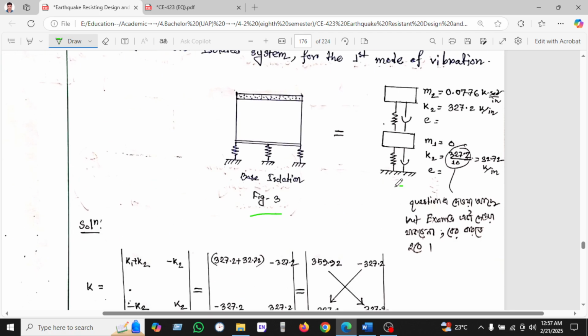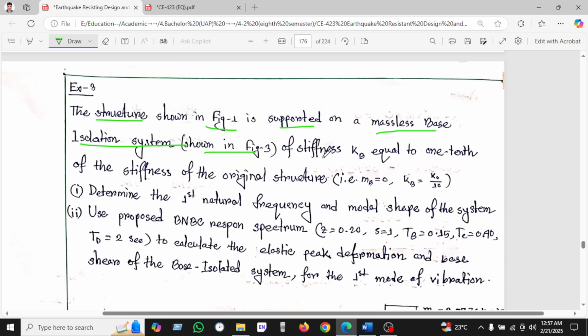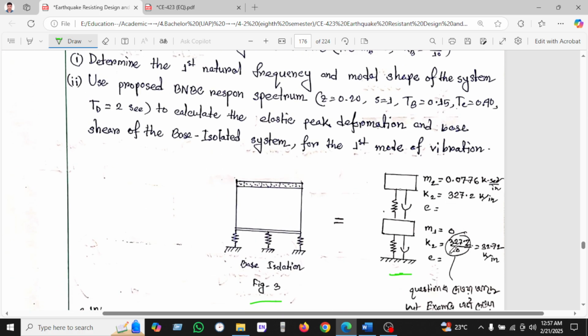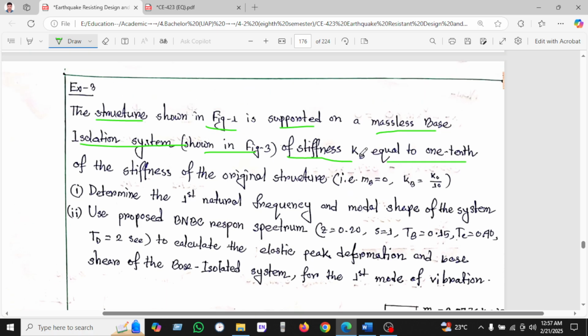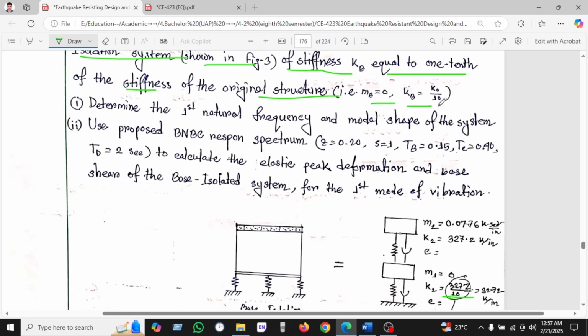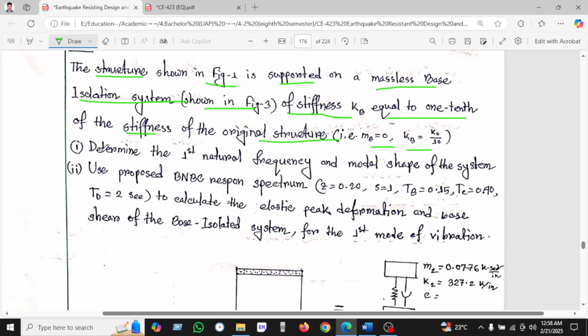Here is figure 3, massless, and the stiffness kb equals 1/10 of the stiffness k2 of the original structure, so kb equals k naught divided by 10. Okay, determine the first natural frequency and modal shape of the system.